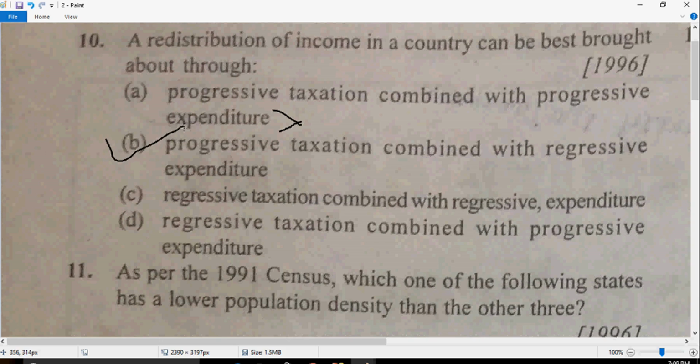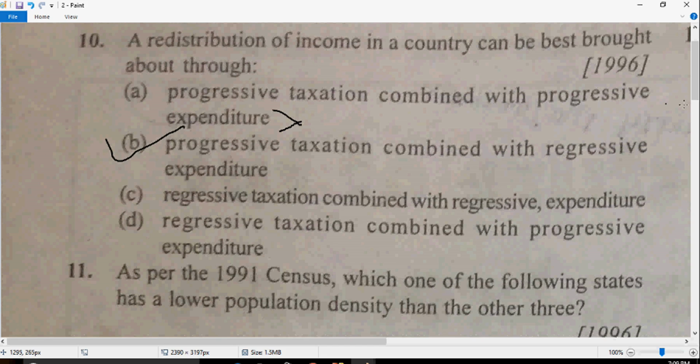So B will be it, because progressive tax is a process in which, as the income of a person increases, the rate of income tax also goes up, and regressive tax is a process according to which, as the income of a person goes up, the rate of tax goes down. So a progressive tax structure improves the distribution of income. That's why B will be the correct answer.